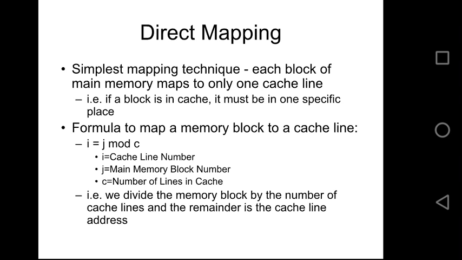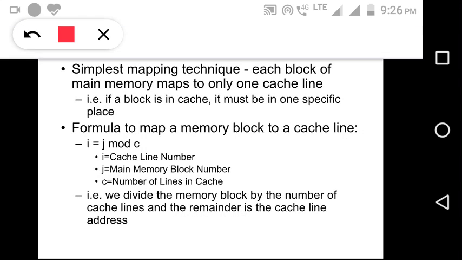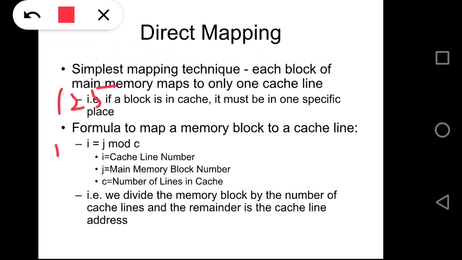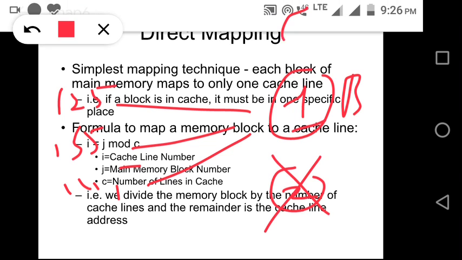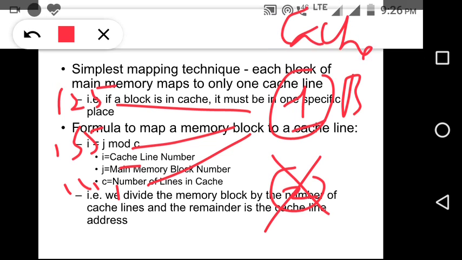Each block of the main memory maps to only one cache line. So that means these 125, 135, 145 can map to only the first block. They cannot map to the second block in cache, right?